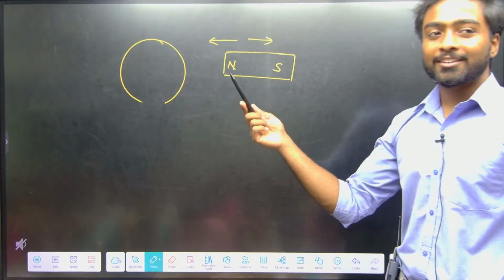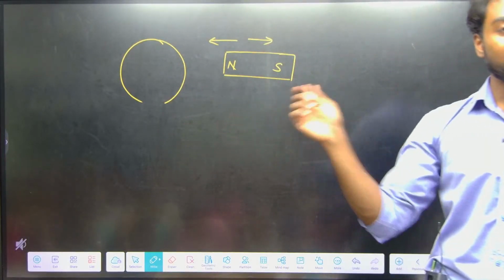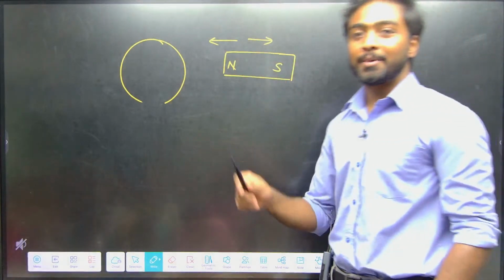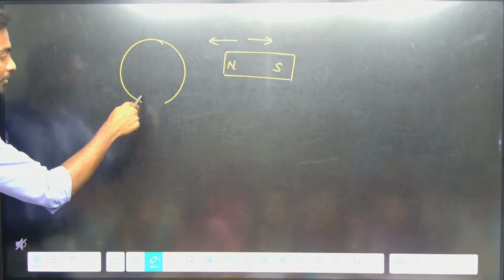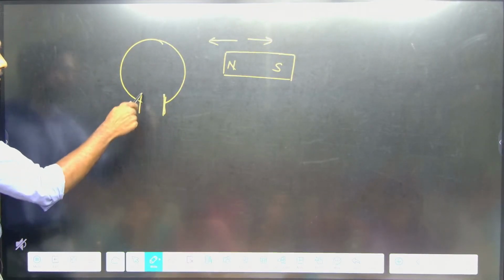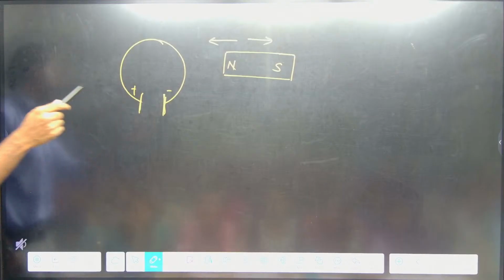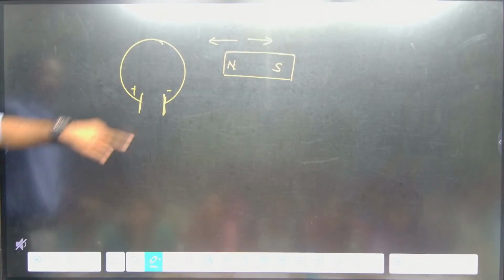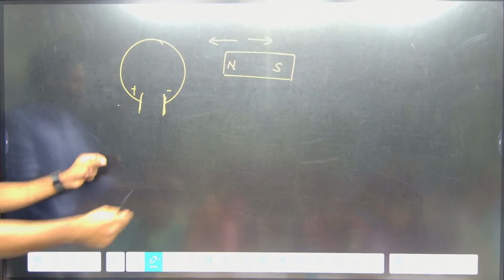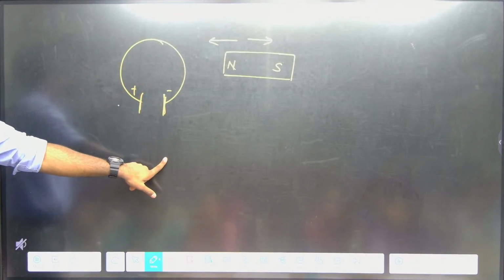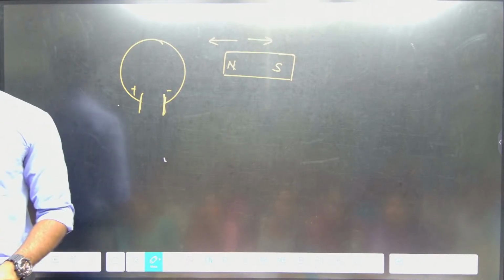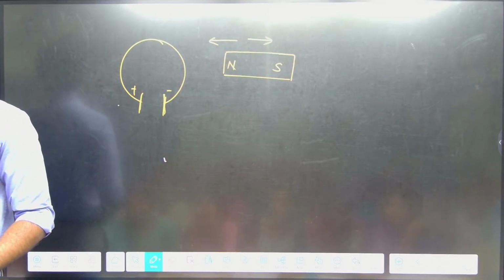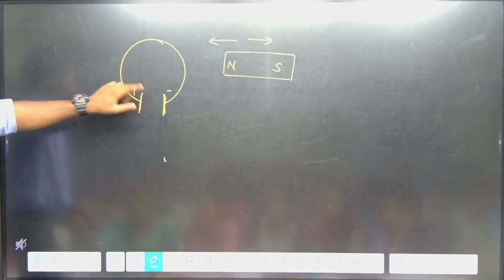Because of open, no current will be there, that's it. Induced EMF will be there. But because of that, I can say that there is a cell, either positive or negative, due to that EMF. If I try to connect, obviously current will flow, no? Yes or no? If EMF is not there, if I try to connect also, there is no use, no? Getting the point? EMF is already there for the open loop.